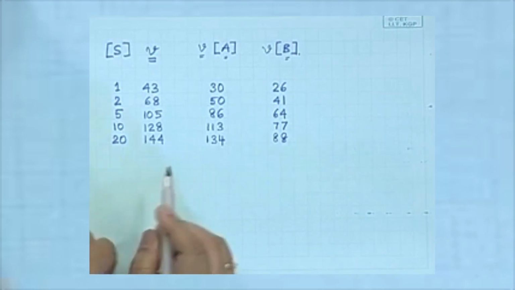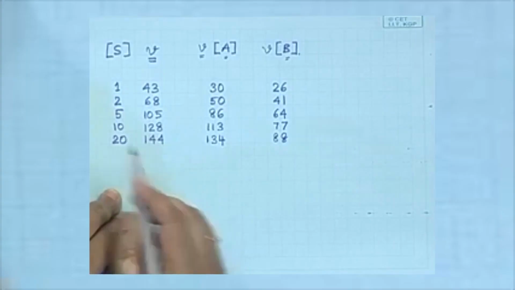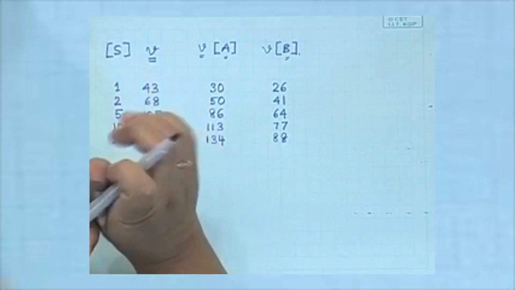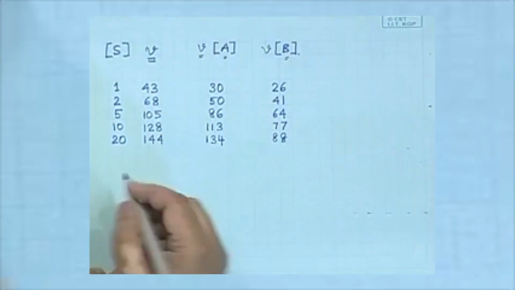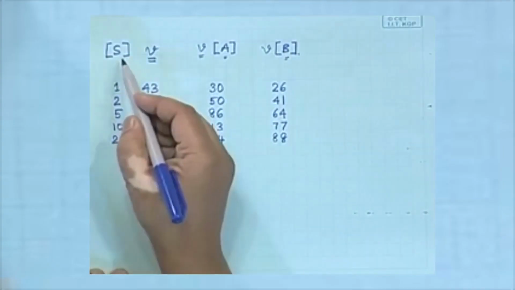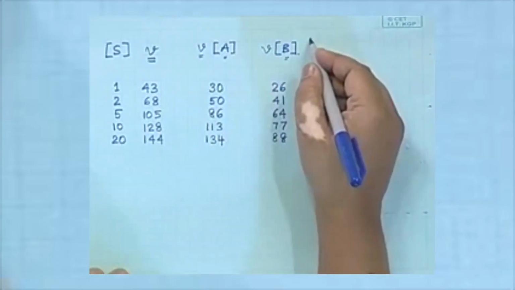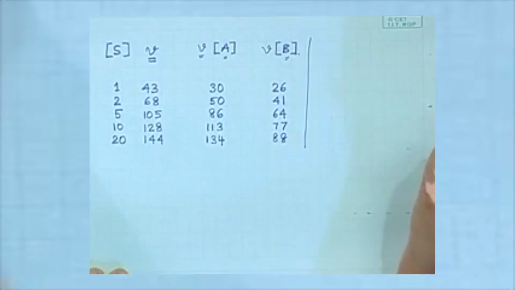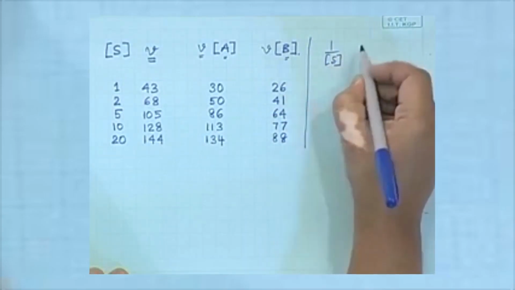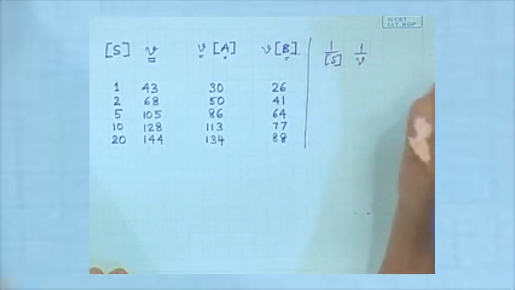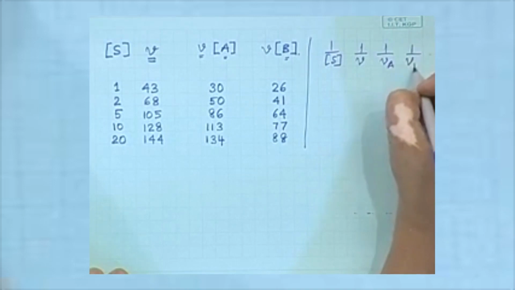Okay. Now what we are going to do is plot the Lineweaver-Burk plot for this case. So now, if I have these S concentrations, what information do I require to plot my Lineweaver-Burk plot? I need 1 by S, 1 by V, 1 by VA, 1 by VB.